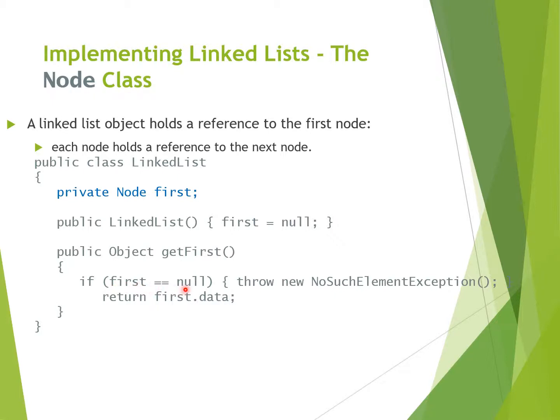If first is equal to null, it means that the linked list is empty, so it throws a new NoSuchElementException object. Otherwise, if there exists at least one element in the linked list, then it returns first.data. As I said before, first refers to the first node of the linked list, so it returns the data stored in the first node of the linked list.